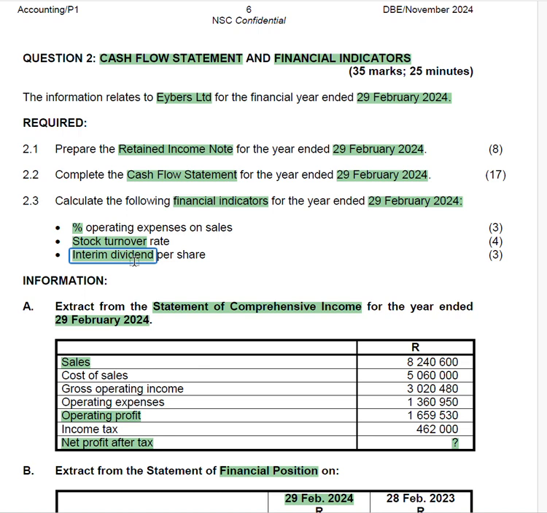It will be your interim dividend as the numerator, and the denominator will be your total number of shares outstanding at the end of the year. So in our case, at the beginning of the year, we opened with 1.2 million shares, and then during the year, we issued 400,000. If you add the two, our denominator should then be 1.6 million. Without wasting time, let us see what we have in the marking guidelines, which shows the calculation of those three ratios.